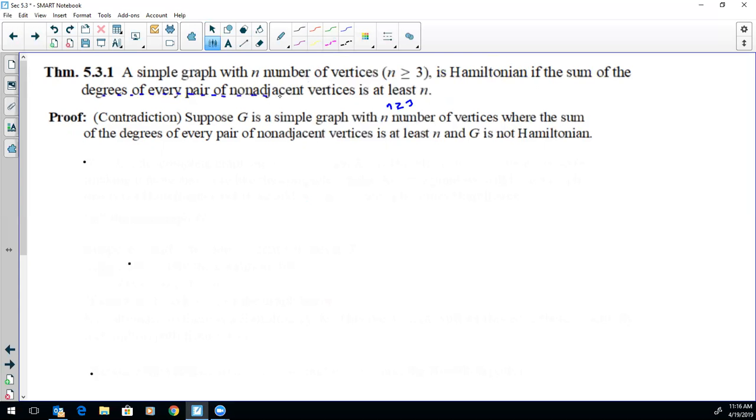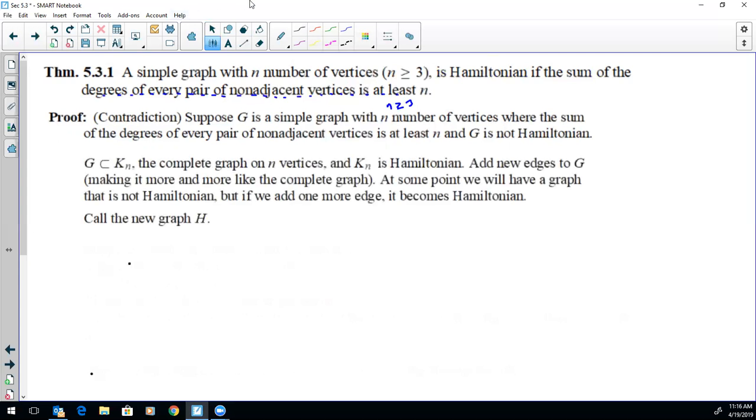Eventually our contradiction is that the degrees of non-adjacent vertices have to add up to n. Now, if G is not Hamiltonian, it's not a complete graph. It has n vertices and it's not complete, but it certainly is a subgraph of a complete graph. I mean, every graph is. And of course, the complete graph is Hamiltonian.